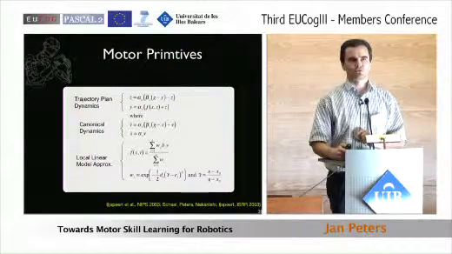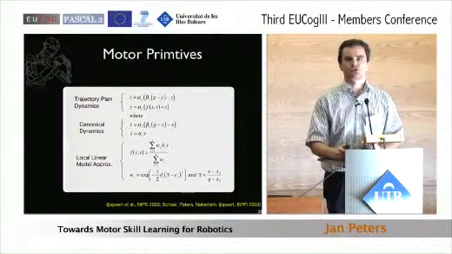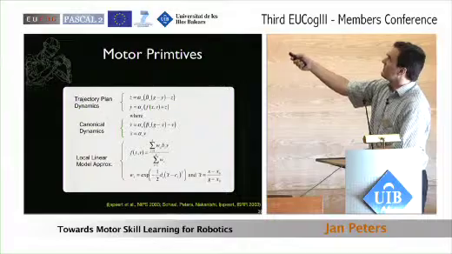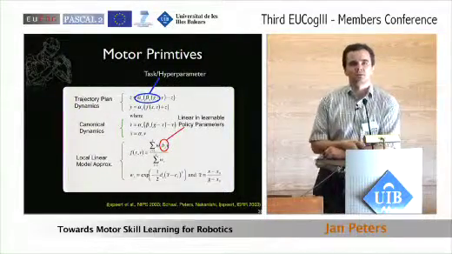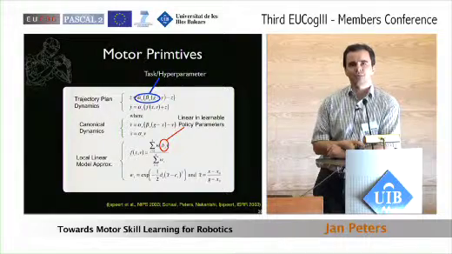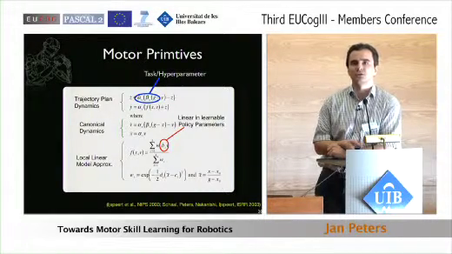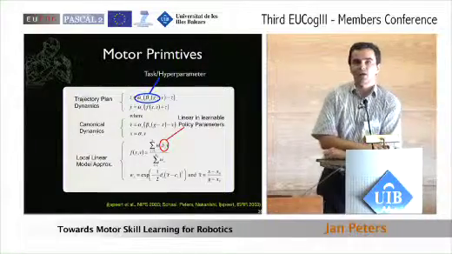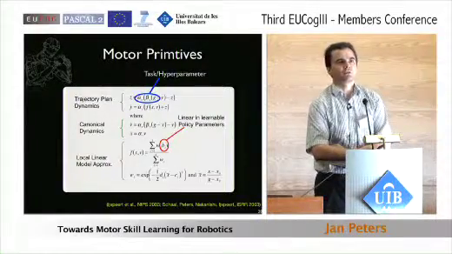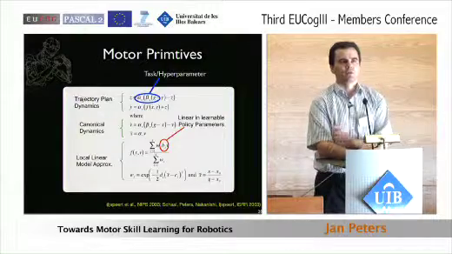These equations have two types of parameters. On the top, you see the parameters outlined in blue. These are task parameters. They allow us to adapt the behavior to a new situation. While the ones in red are policy parameters, which allow us to learn a certain shape of movement.